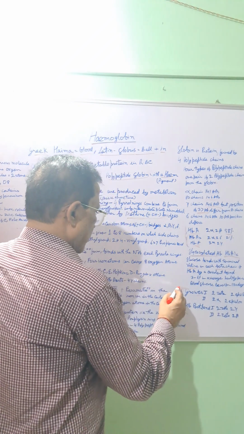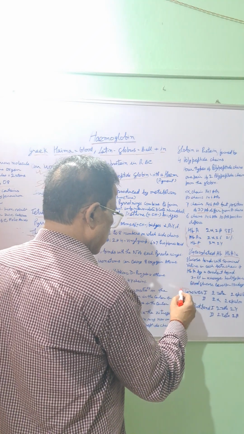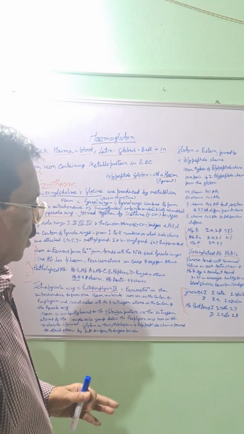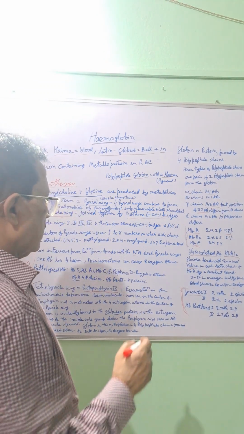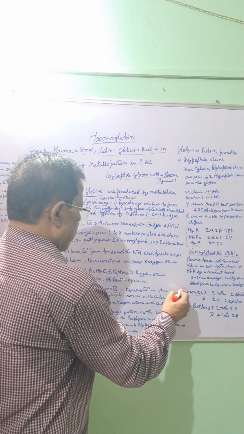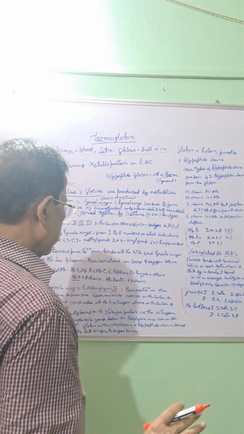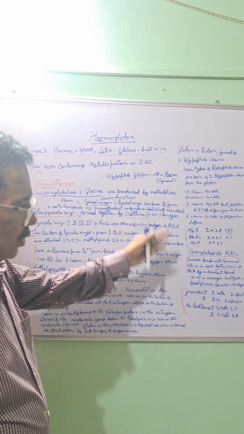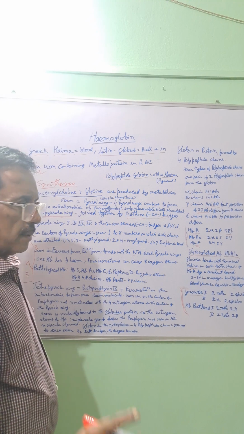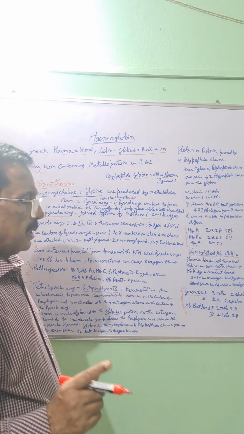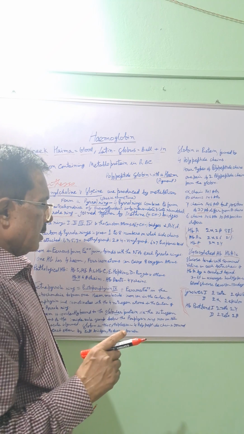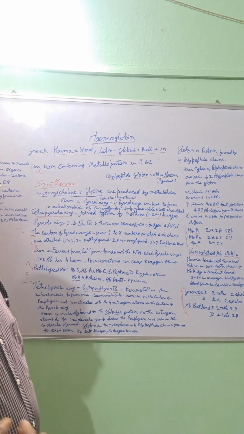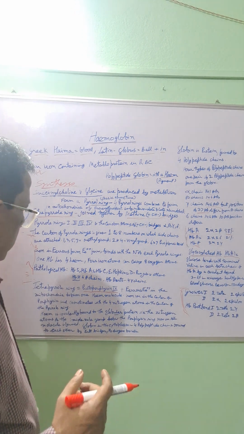These hemoglobins are present in the embryo stage. Now, these are physiological hemoglobins: HbA, HbA2, HbF, and in early stage Gower 1 and 2 and hemoglobin Portland 1 and 2.